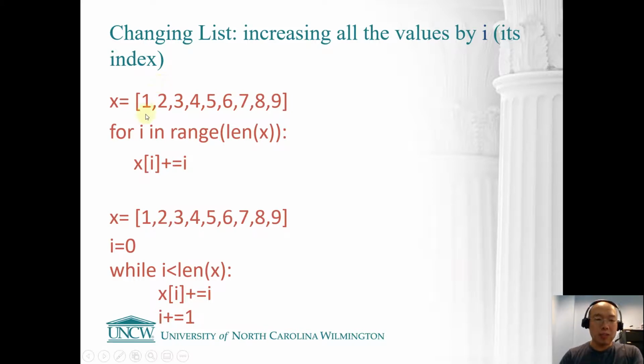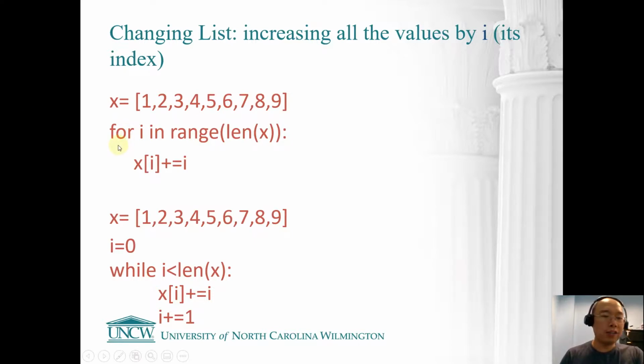So this is index 0, so 1 increased by 0 is still 1. But for this one, the index is 1 and the value is 2, so 2 increased by 1, we get 3. And then 3 has the index of 2, so 3 increased by 2, we have 5. So how do we do that? We are updating the values in the list now, right?